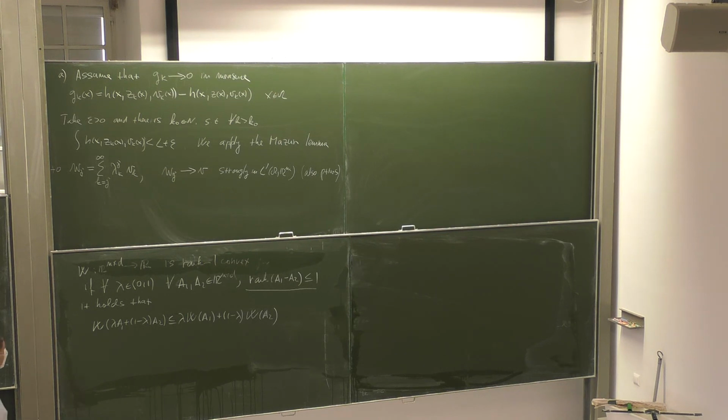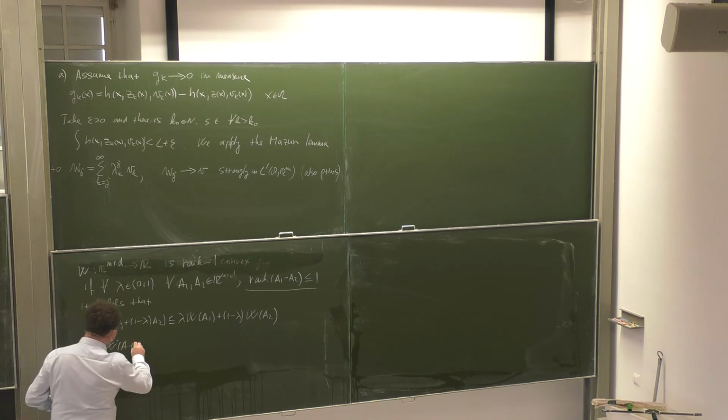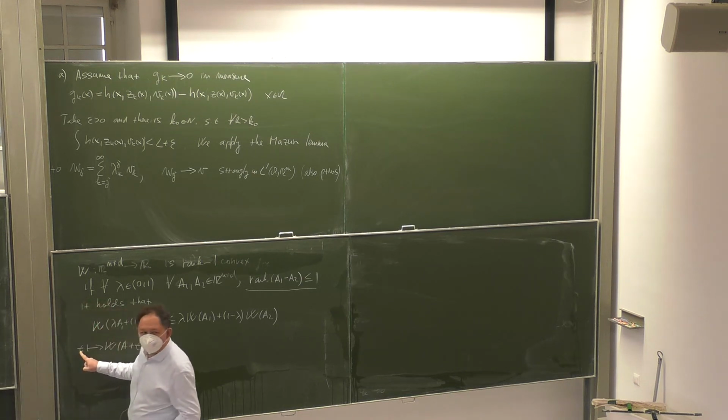We are almost there. You can check, for example, that if W is a determinant, it holds with equality. You can just check it in 2 dimensions, say. This also means that if you take a function of one variable t, W(A plus t a ⊗ b), you fix A, little a and little b, and look at it as a function of one variable t, then this function has to be convex.